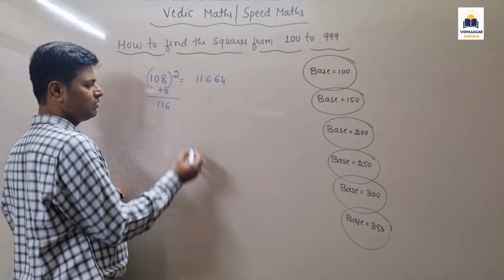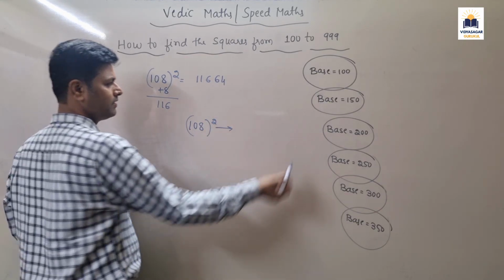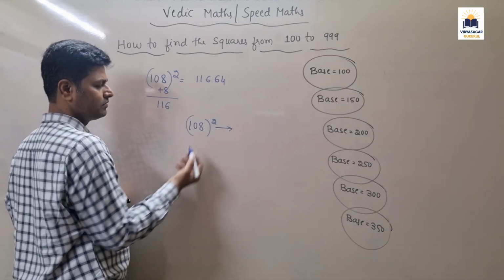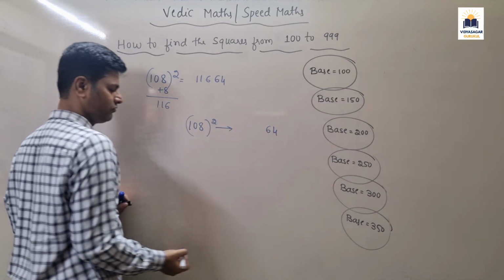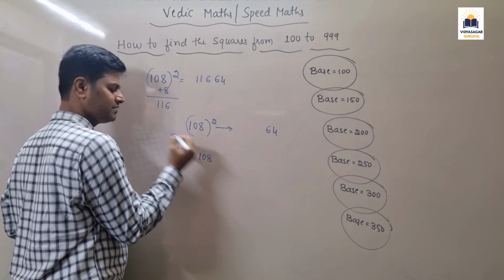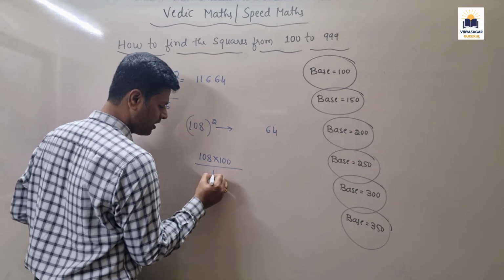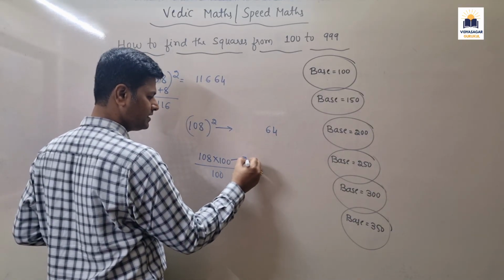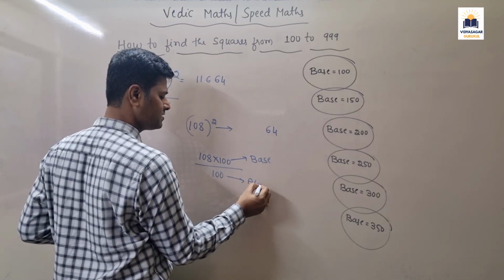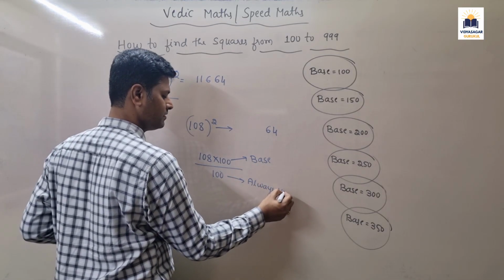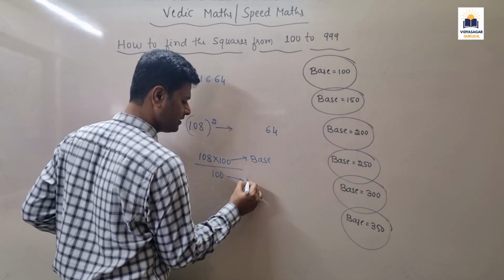Otherwise, if you want to solve 108 square step by step, base is how much? 100. Compared to 100, 108 is 8 more. 8 more means 8 square is 64. So 108 is as it is, and the base 100 is divided by always 100. This part is always 100, or you can say it is fixed.